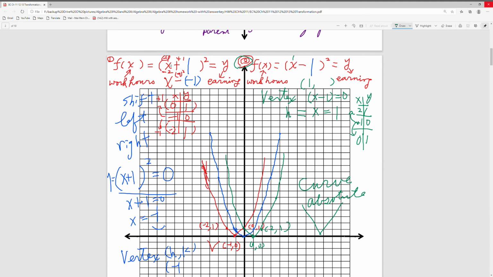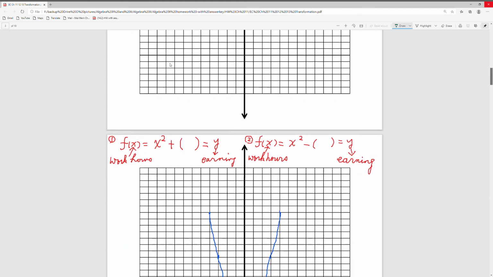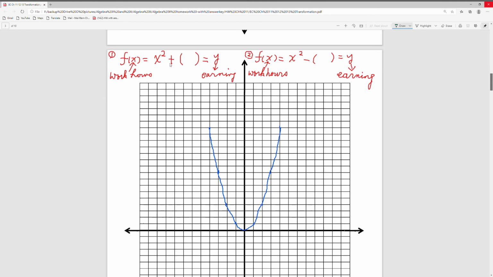Okay. So this is how you find the vertex. First, the page examples, and the next examples here. How about the plus k and minus k?